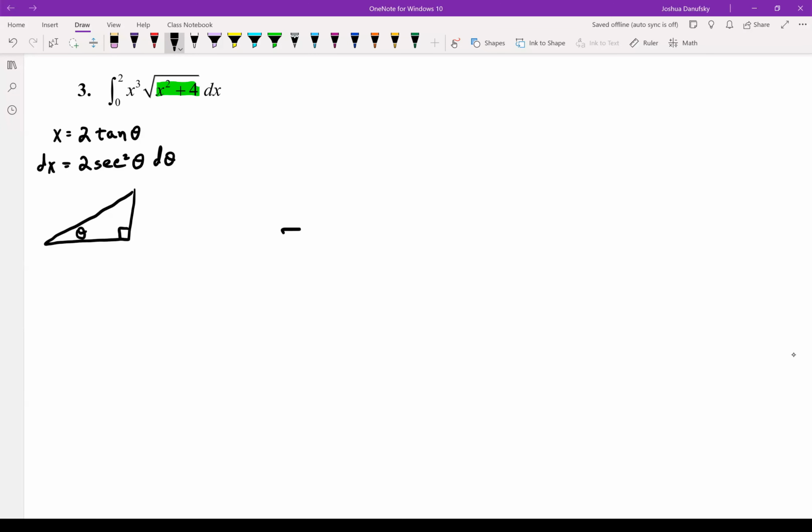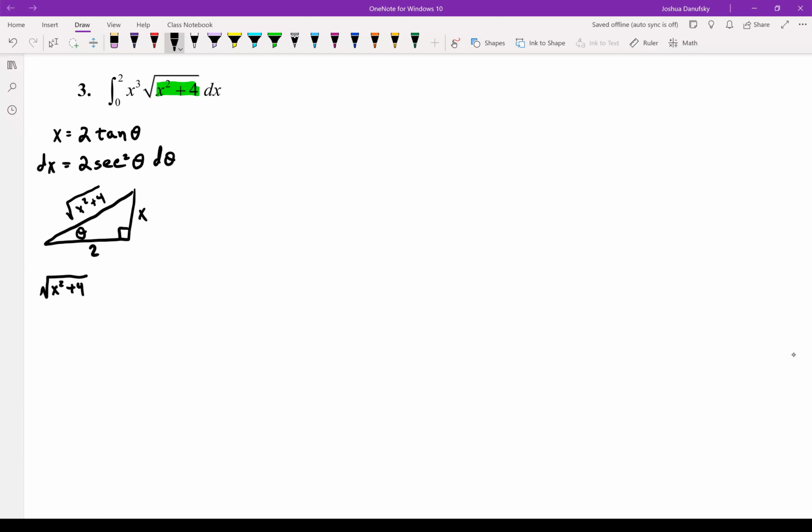Since we have tan theta is equal to x over 2 from here, we have opposite over adjacent. And then we can use the Pythagorean theorem to get the hypotenuse, which will be the square root of x squared plus 4. Since the square root of x squared plus 4 is an expression in our integrand, we're going to go ahead and rewrite that in terms of a trig function.